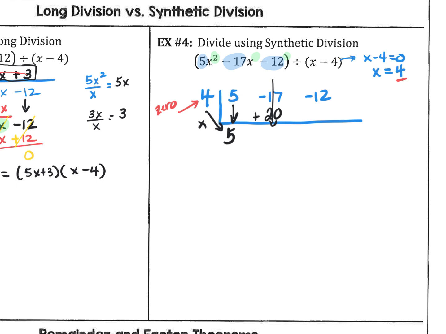We don't even change the sign. -17 plus 20 is what? 3. And then we do the same thing all over again. We multiply across the diagonal. 4 times 3 is what? 12. And then we add straight down, and what do we get? That last piece is always the remainder.